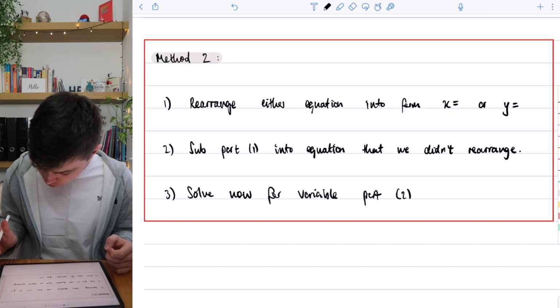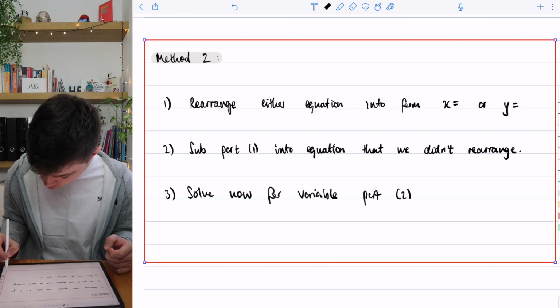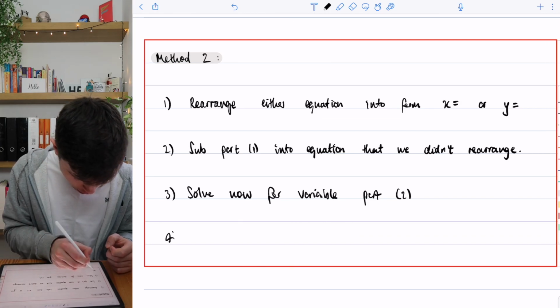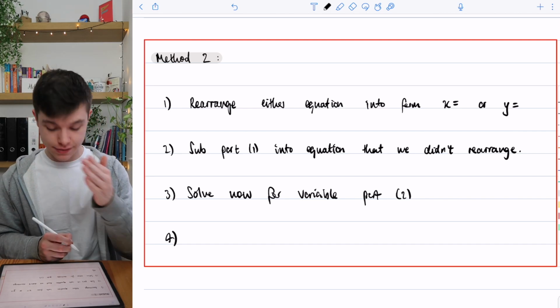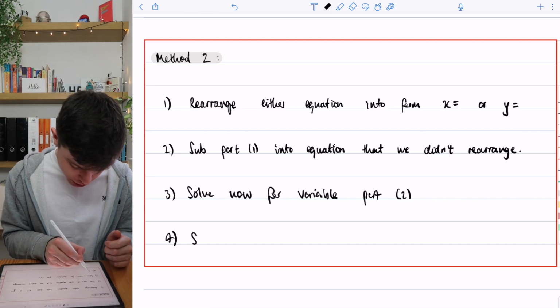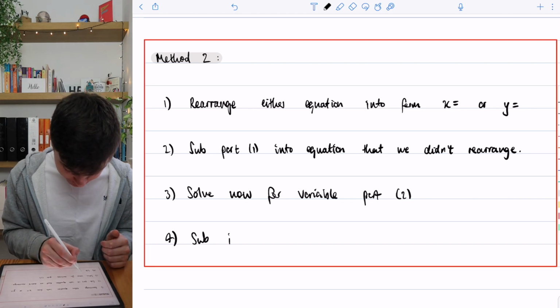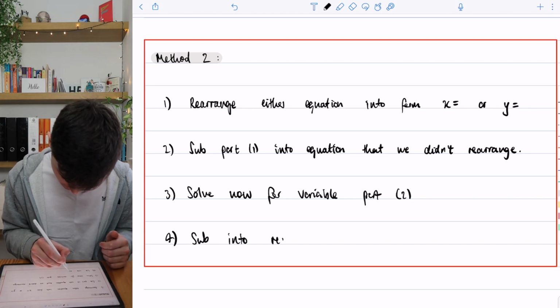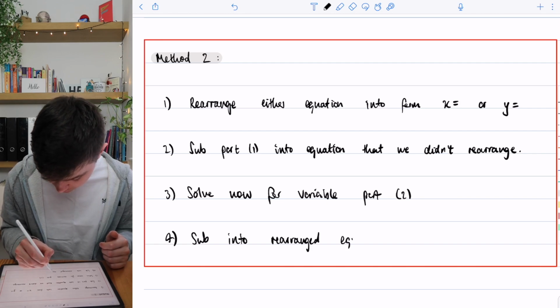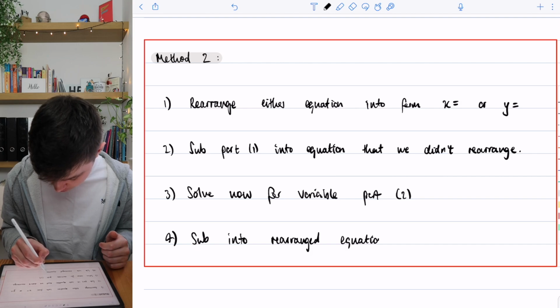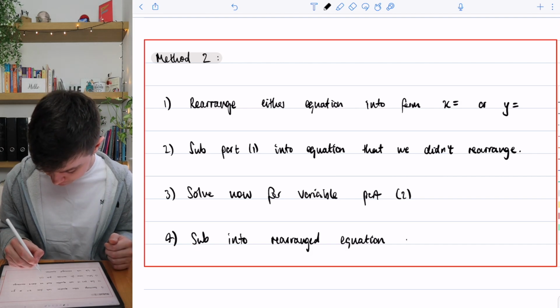And I also do need another part here as well. Part 4: once we've got that variable that was left over, we're going to substitute back into the rearranged equation to find the eliminated variable, the variable that we don't know yet.